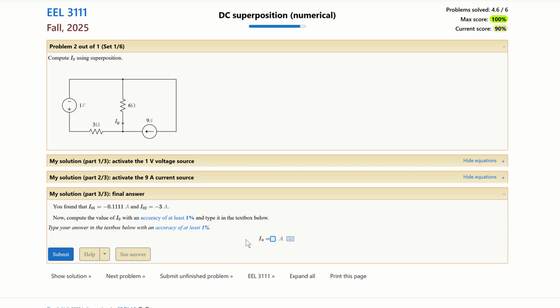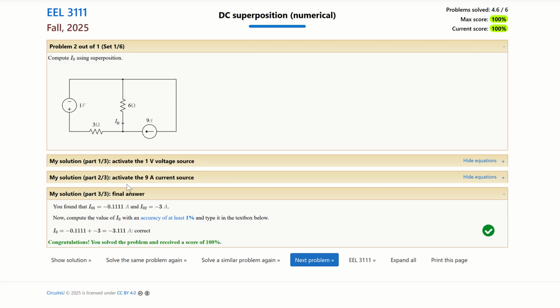So to find this total here, we're going to add them both together. I01 plus I02. And there we've done it.